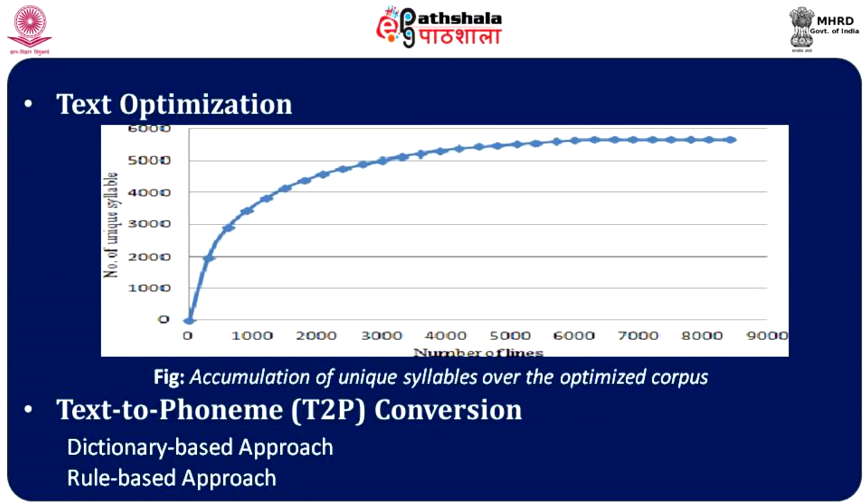Now we move on to the next step after text processing, which is text optimization. The goal of text optimization is to cover a large number of syllables from less text material. There can be various ways of text optimization. The text optimization procedure may also depend on the speech sound unit used to build the TTS system.